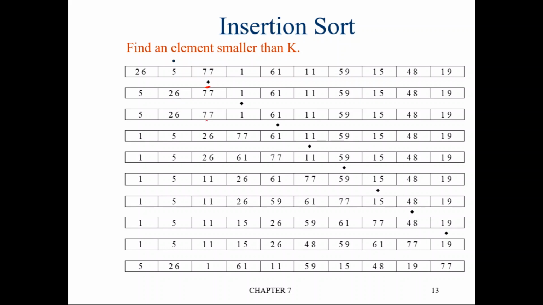So it will not continue further. Then we come to 1. 1 is first compared with 77. When 1 is compared with 77, this t will be 1, right? t will be set as 1. Then 77 will come here.